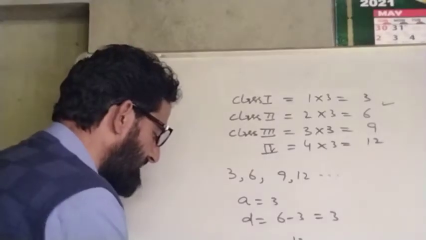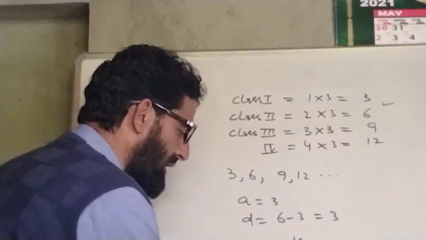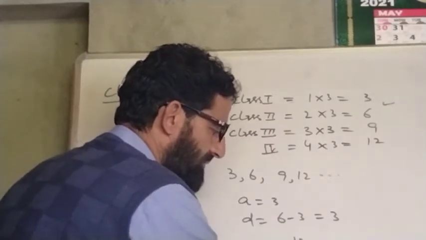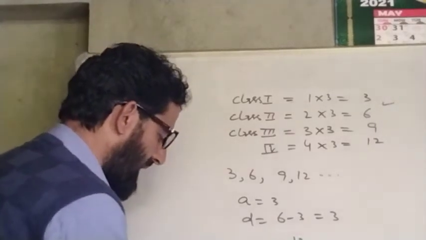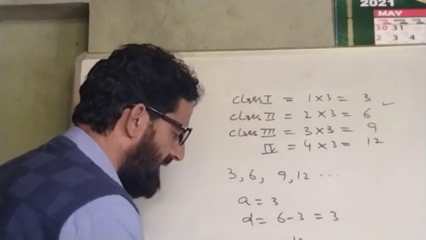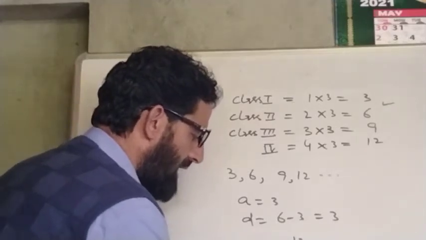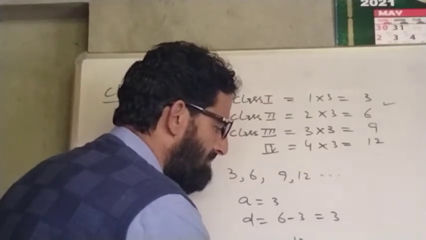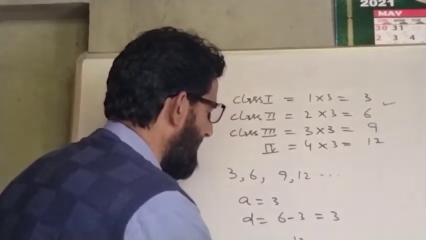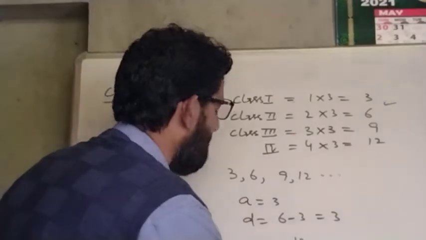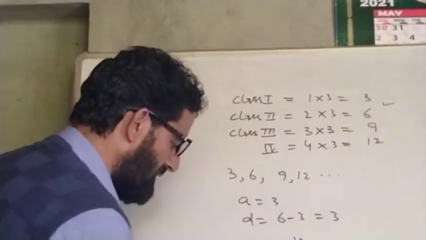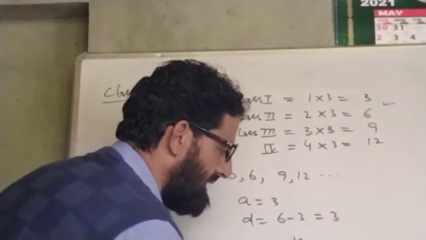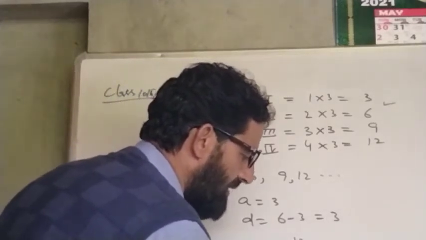So Sn is equal to n by 2 into 2a plus n minus 1 into d. So S12 is equal to 12 by 2 into 2a, that is 2 times 3, plus n, that is 12, minus 1 into d, d is again 3. So this is 6 into 2 3s are 6 plus 11 into 3.